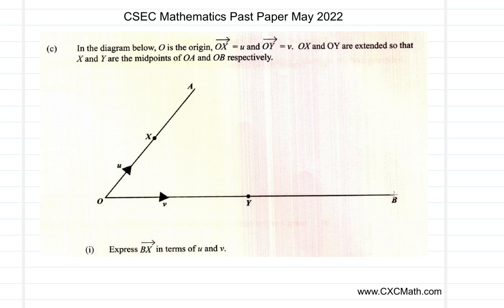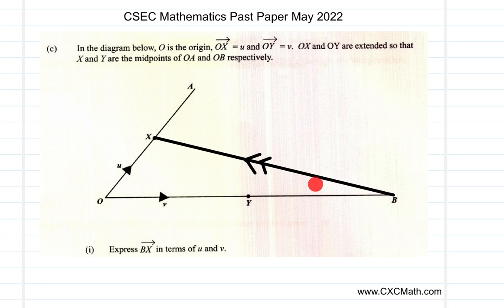Alright, let's draw BX. This is BX. Remember now, BX is going in this direction. Now remember, this vector here is going to be the resultant of these two vectors. But since it's a resultant, let me just draw the two arrowheads on it.